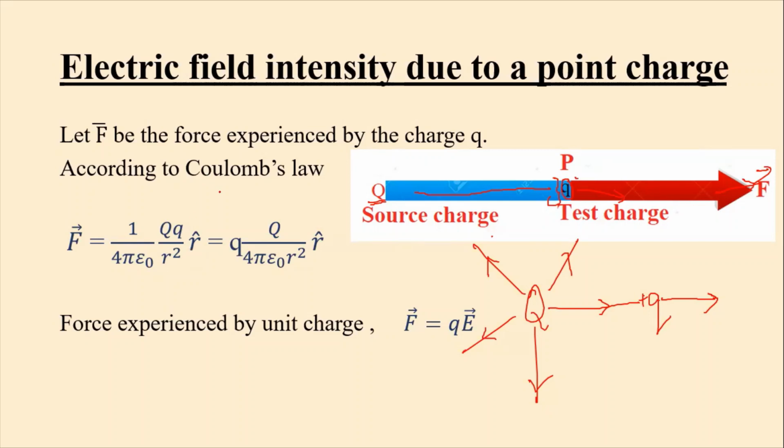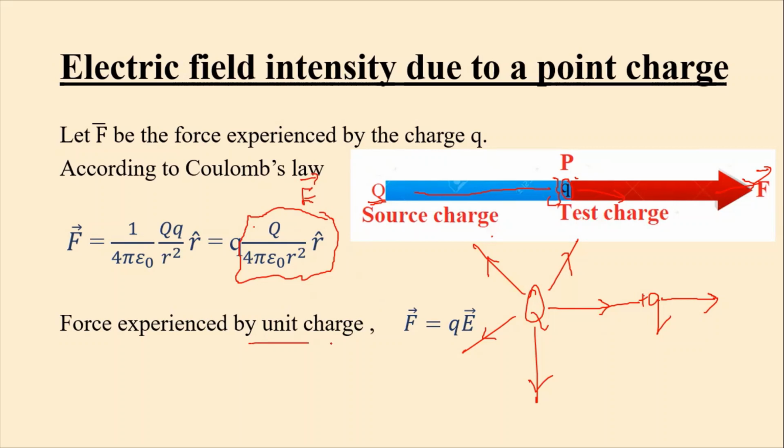Now, if you observe carefully, you can take the test charge outside and write the source charge and the remaining parameters together. That is small q into capital Q by 4 pi epsilon naught r square into r cap. So this quantity, you can write as the quantity of electric field.